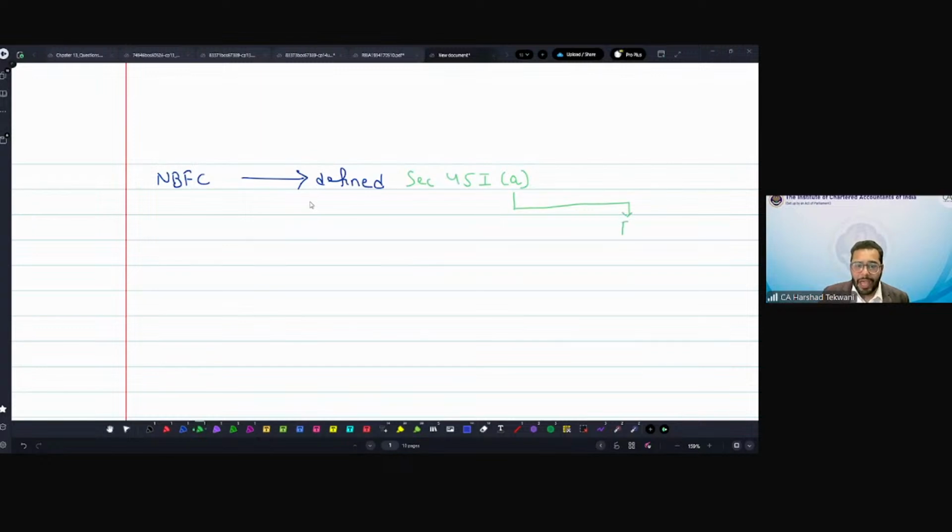One refers to the F, one refers to the C. C is nothing but financial institutions, and F is nothing but other than financial institutions, which I call a non-banking company.